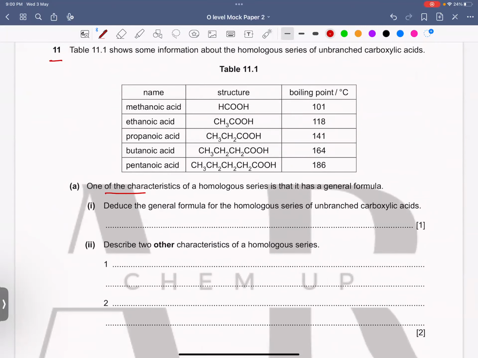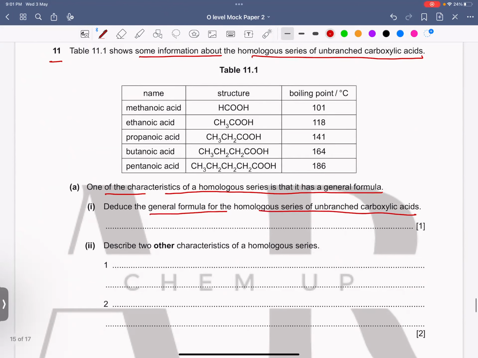This shows some information about the homologous series of unbranched carboxylic acids. One of the characteristics of a homologous series is that it has a general formula. Deduce the general formula of the homologous series of unbranched carboxylic acids. I hope you all remember that because we have discussed it so many times in class. CnH2n+1COOH, or the other general formula can be CnH2nO2 as well.